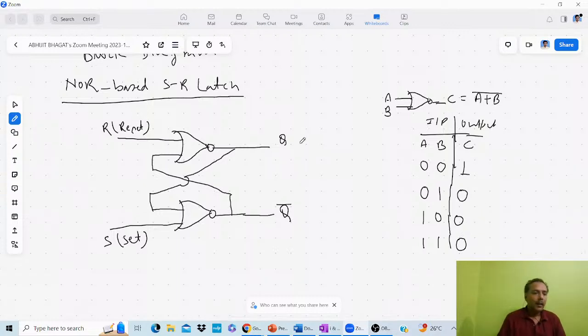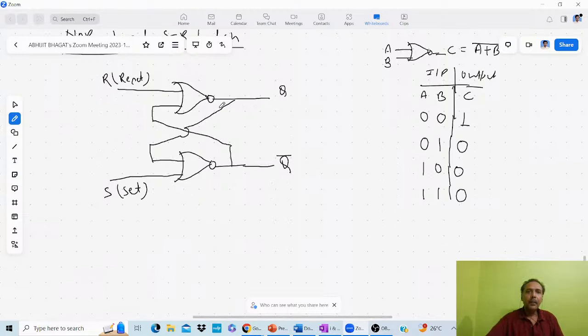Now in this case, the truth table for this NOR based SR latch, you have to write down.